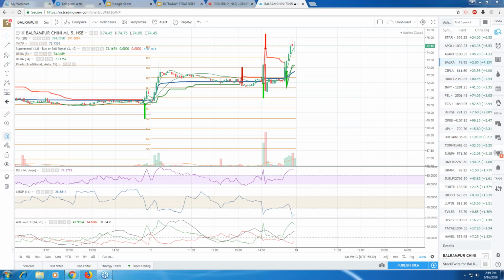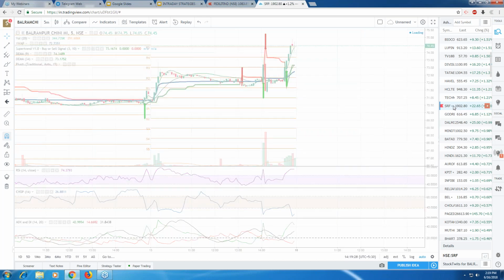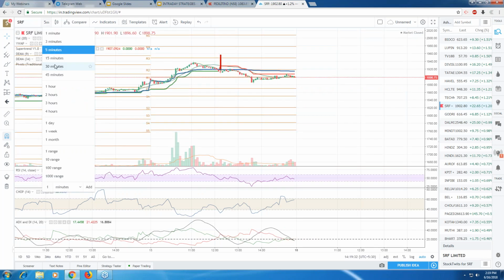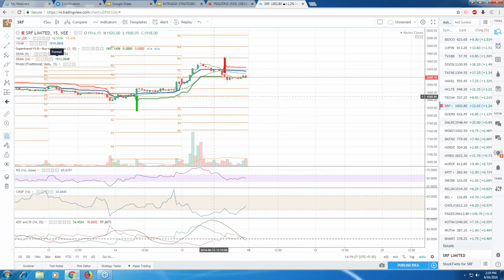Once you know that, you can open that particular stock over here and look at its first 15 minutes candle. Whenever the first 15 minutes candle is broken, whichever direction it is broken, you will check the RSI, you'll check choppiness, you'll check the ADX if you want, and then you will go in that particular direction only.